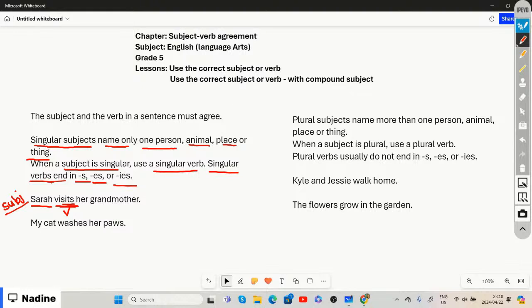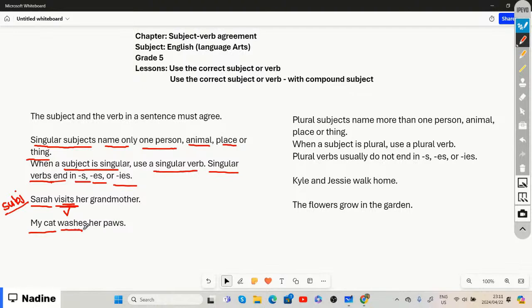For example, my cat washes her paws. My cat is our subject and refers to one cat only. So instead of saying my cat wash her paws, we say my cat washes her paws.